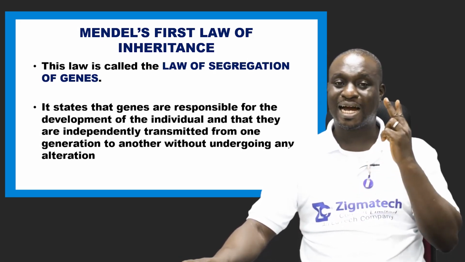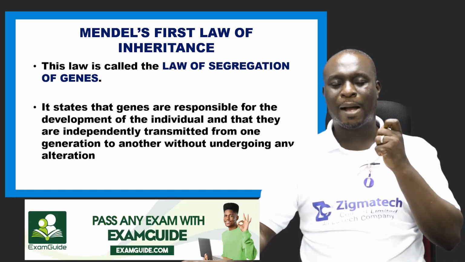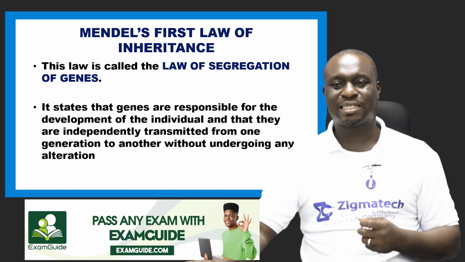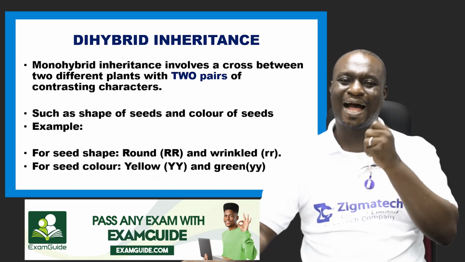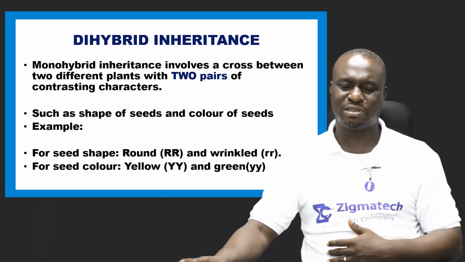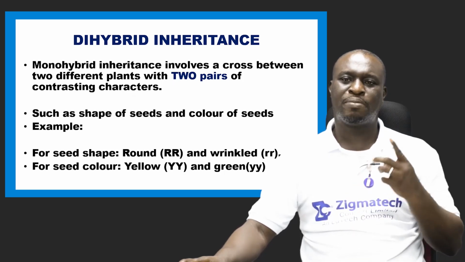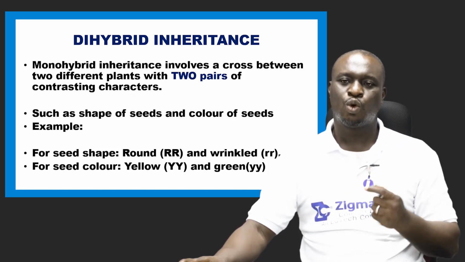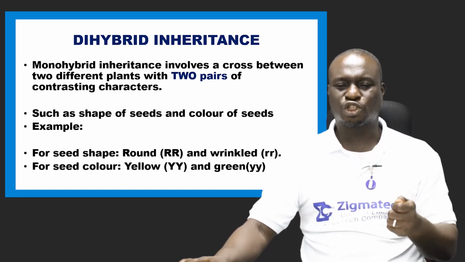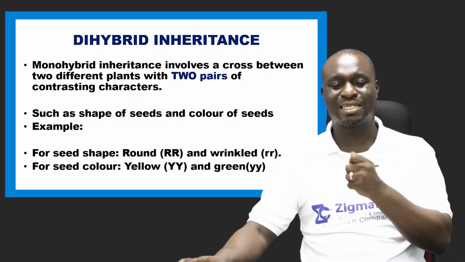Remember, I said that he carried out two methods of experiments. The first one he called monohybrid inheritance, and then the second one is called dihybrid inheritance. Now, what exactly is dihybrid inheritance? Dihybrid inheritance involves a cross between two different plants with two pairs of contrasting characters.